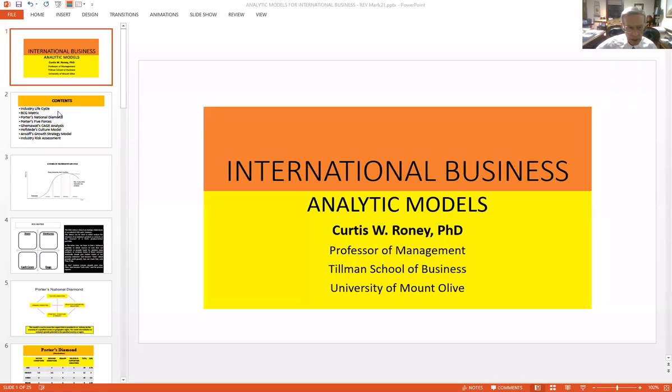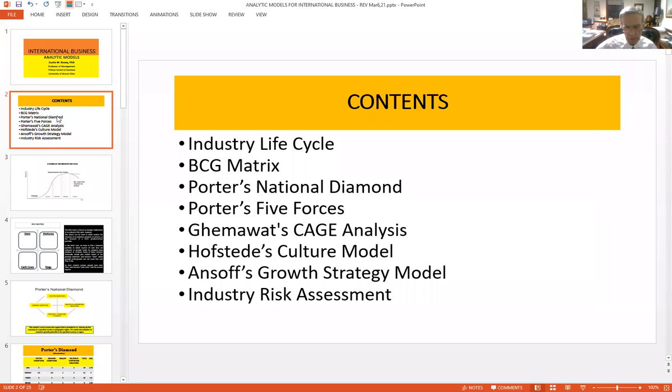Now, sometimes I have difficulty getting these things to come up on the screen. But I got lucky. Here we go. Okay, so these are the models that we're going to look at, and they sort of flow together. The industry life cycle, you might imagine, is the history that an industry or a company goes through.